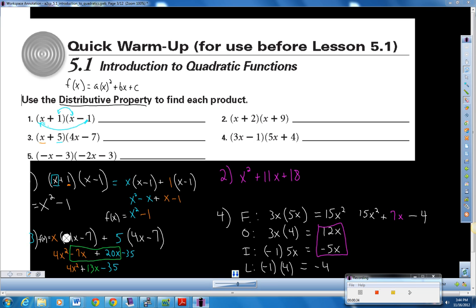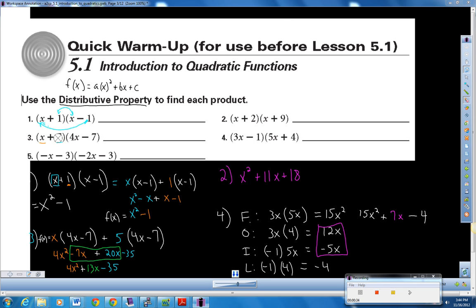Another example of that is for number 3 down here. You can see that the x is multiplied times the quantity 4x minus 7, then the 5 is multiplied times the quantity 4x minus 7. The two quantities will stay the same. The only thing that changes is what you're multiplying.